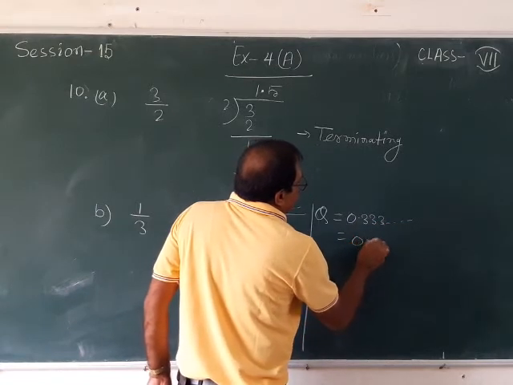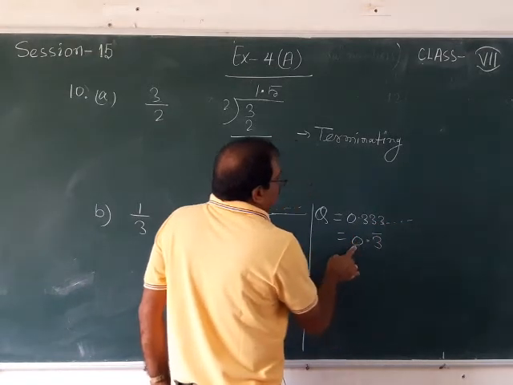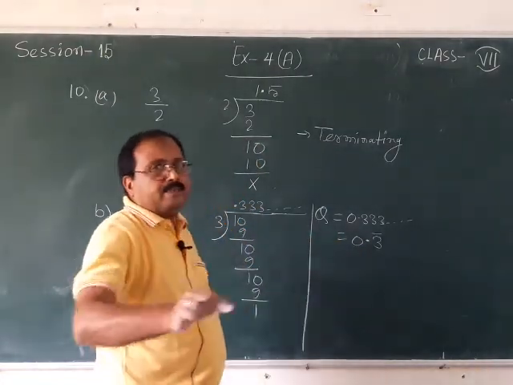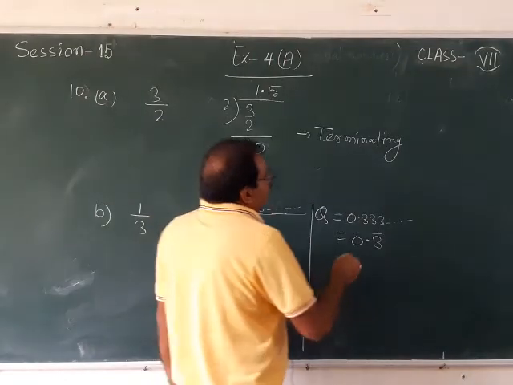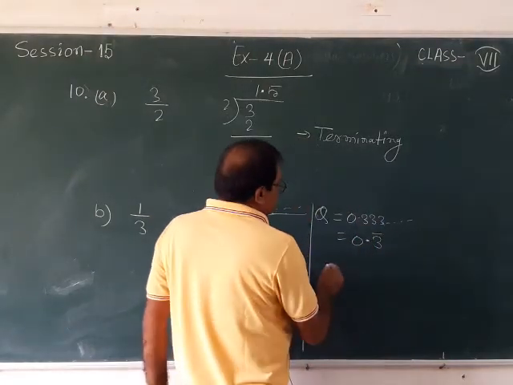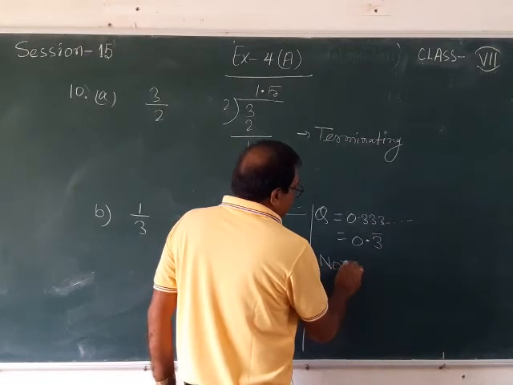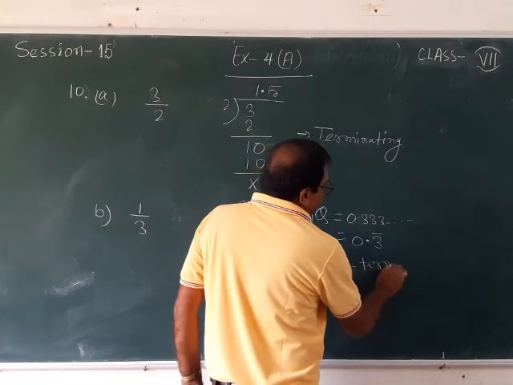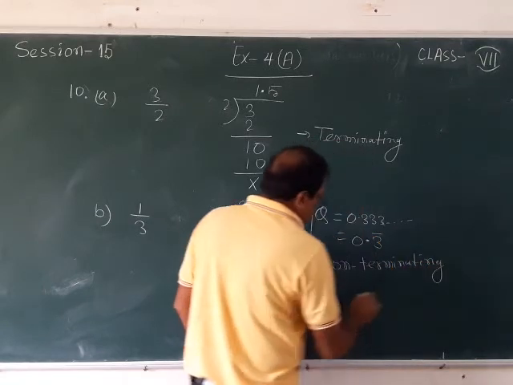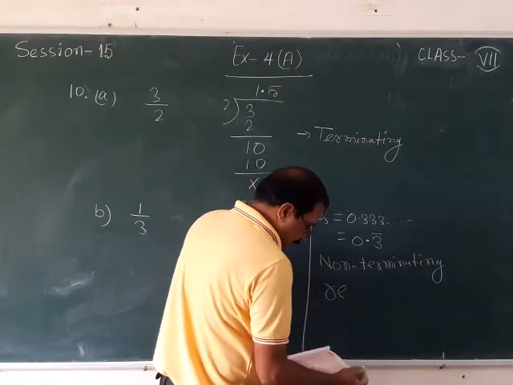So the answer can be written this way: 0.3 with a bar, that means 3 is repeating. Such types of decimals are non-terminating recurring decimals.